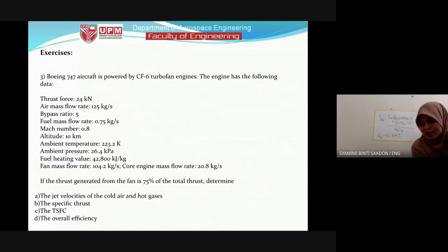Okay, so for question B and C, B, specific thrust, is directly just 24 divided by 125, the total air mass flow rate. So you have 192 meter per second, or you can leave it as 0.192 kilonewton. I write it here.